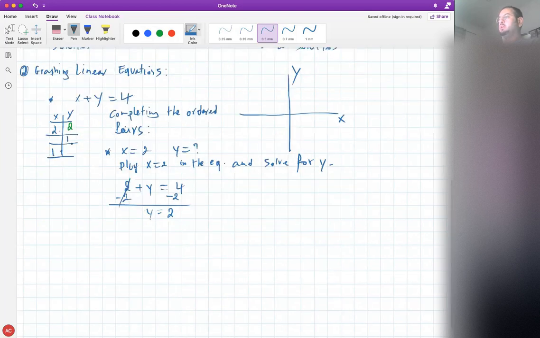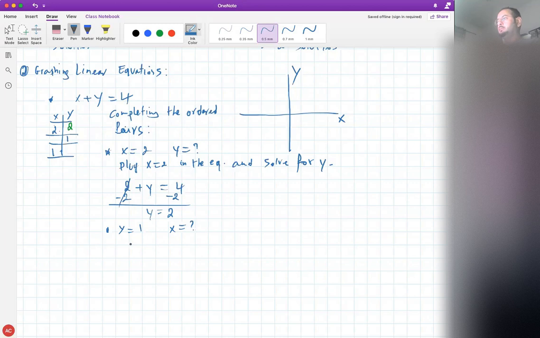So now if y is 1, we complete this pair. x we don't know yet. So we need to find it. So again, we take what we have. We have the y. So this time we're going to plug the y and solve for x.